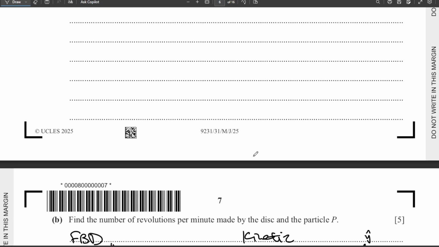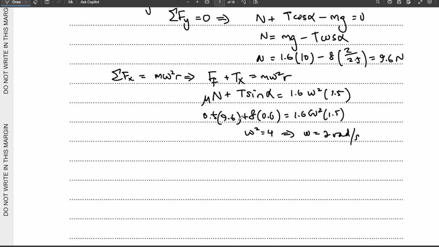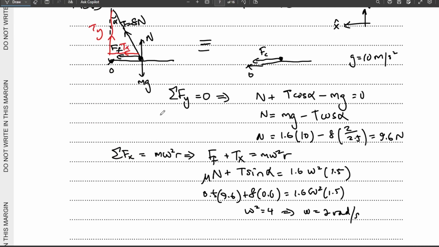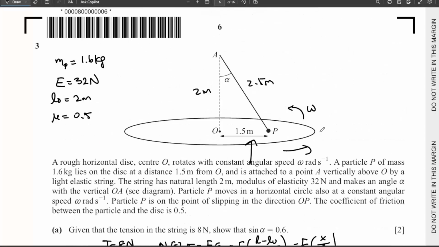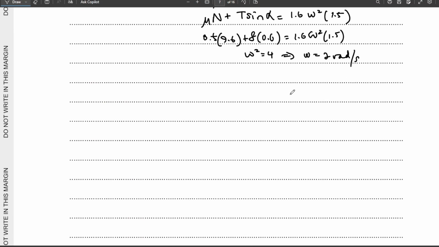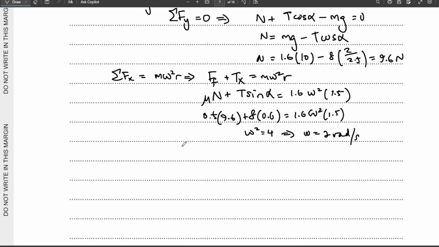It does not change how we approach the question, because whether it's going positive or negative, it does not affect the magnitude of the free body diagram or the kinetic diagram, and you will still have the same value here. It doesn't matter unless they want us to find the direction, but it did not specify. So you just take the positive as the magnitude of the omega, 2 radians per second.